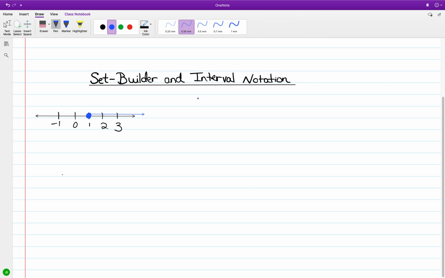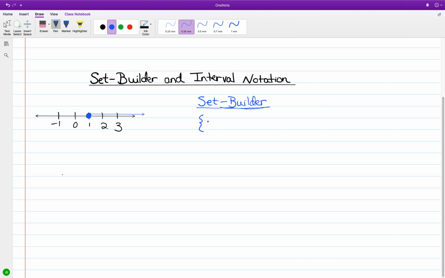Now, that represents the set builder notation. Again, we have a closed point on 1 with the array going out to the right. Now, for the set builder form, here is how this would be denoted.